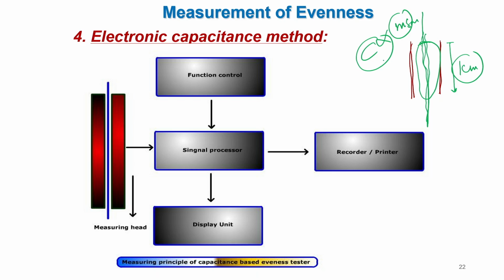We are not calculating the mass, we are measuring the capacitance, which is proportional to the mass. So, capacitance is equal to K times the mass of the material, and the length is 1 centimeter. That means we are getting mass per centimeter here.